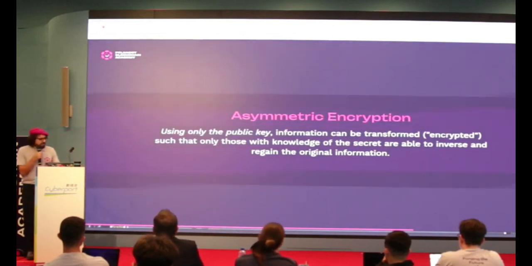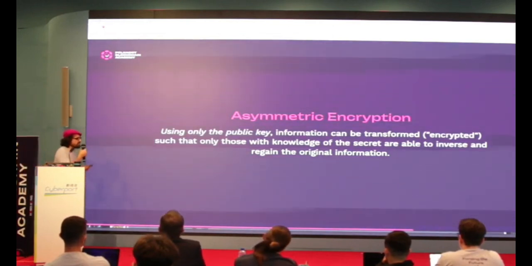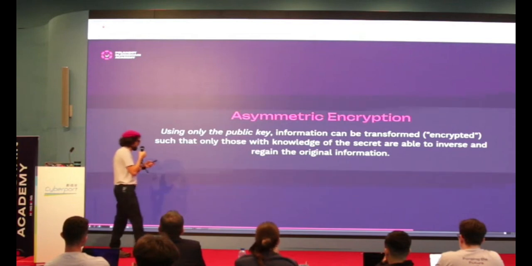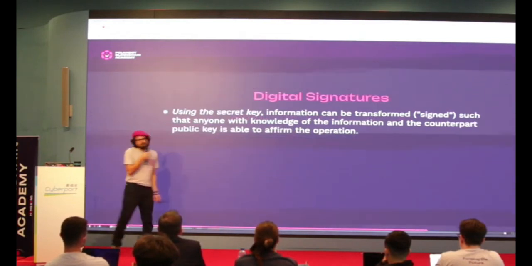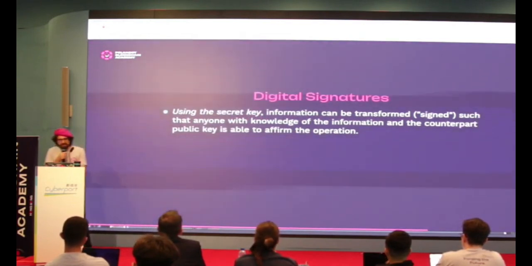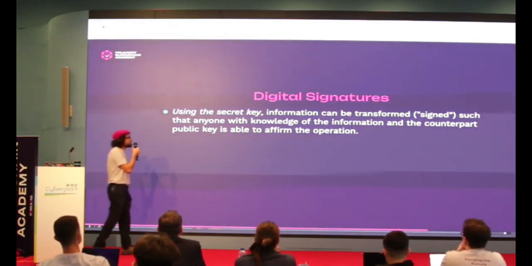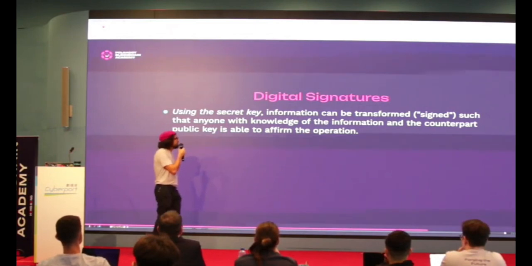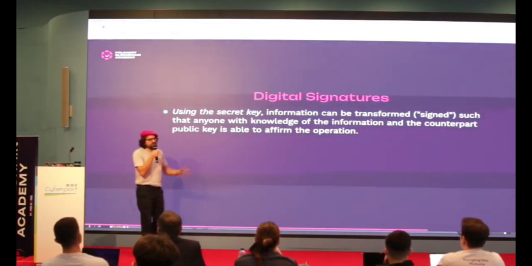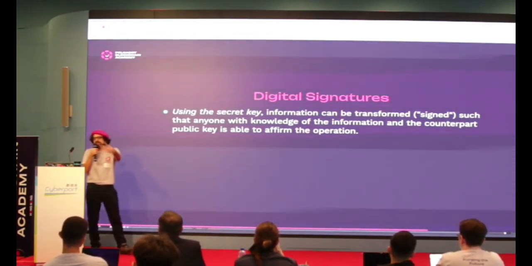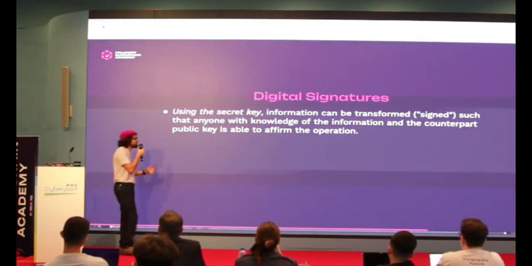But asymmetric cryptography is much more than only encryption. Probably one of the most prominent uses of asymmetric cryptography is digital signature. Again, we do the same operation. I have the secret, and I send the identity that's generated from the secret to everybody.